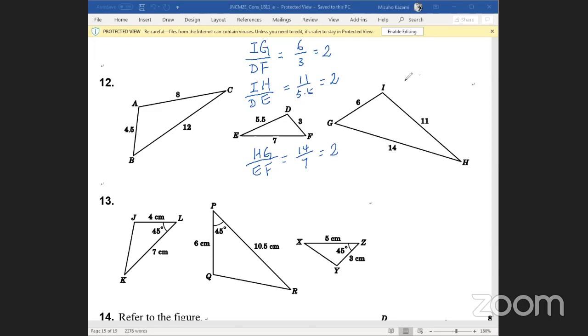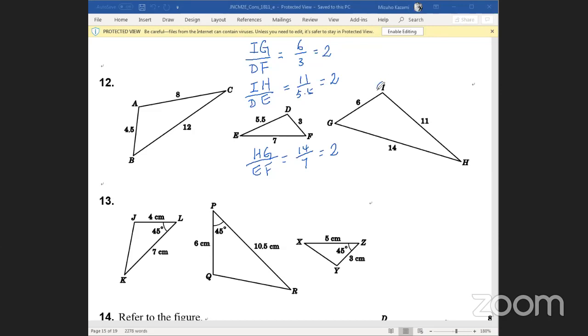Therefore, in this case, you can find that all these values are the same. But you will be careful because you have to mark the angle carefully.